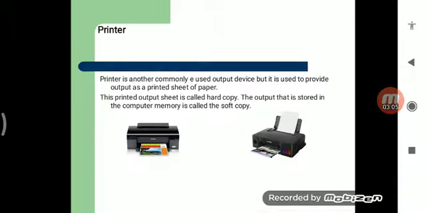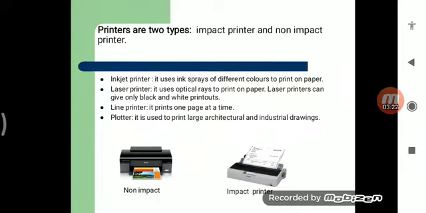Printer is another commonly used output device, used to provide output as a printed sheet of paper. Now, printers are of two types: impact printer and non-impact printer.